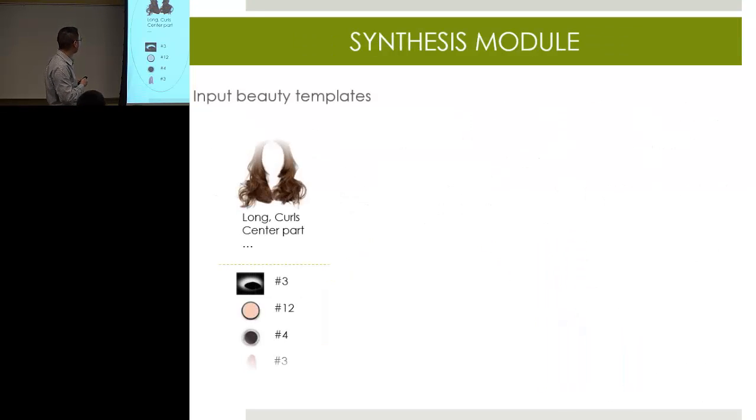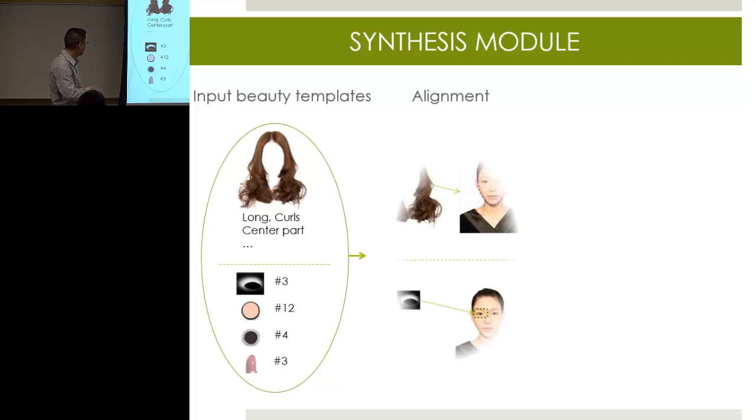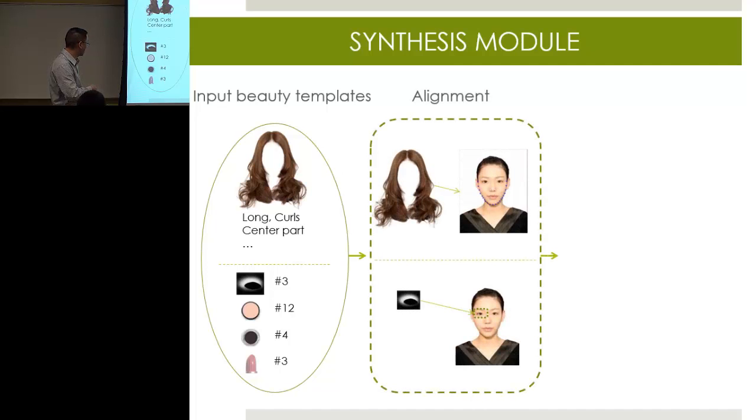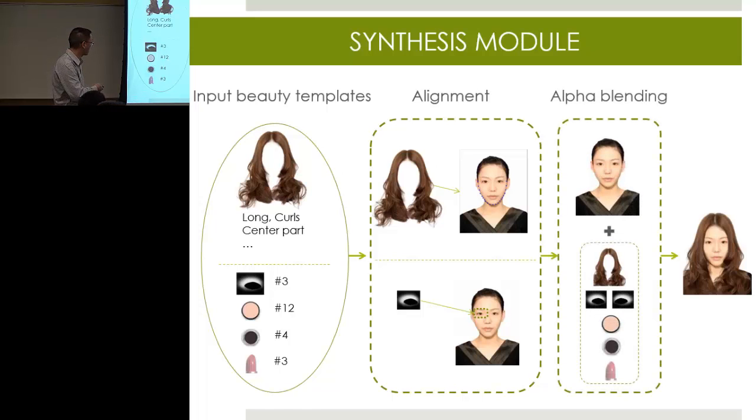Then based on these recommendations, first you need to do the alignment of the template and the face, based on the face alignment. For the eyeshadow template, you should also do the alignment, and then you can warp this shape template to the eye. Then you can do alpha blending to include all these recommendations into the original face.